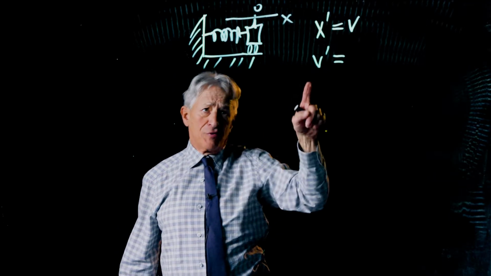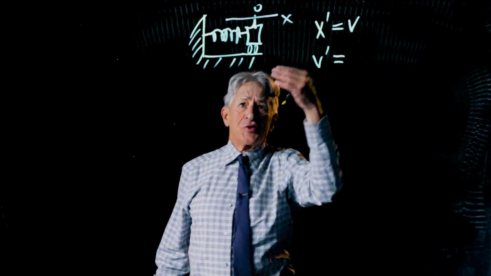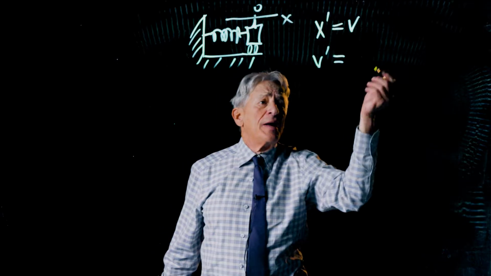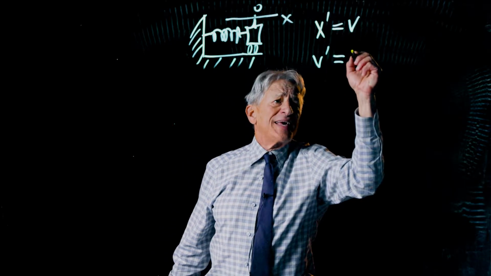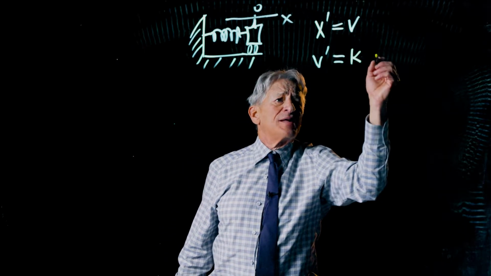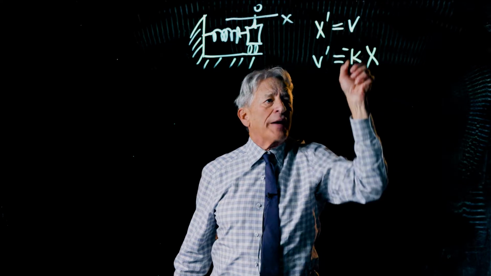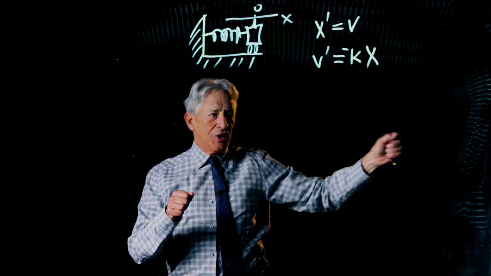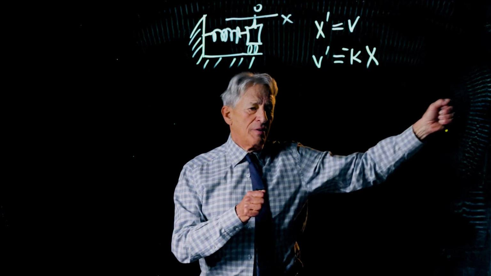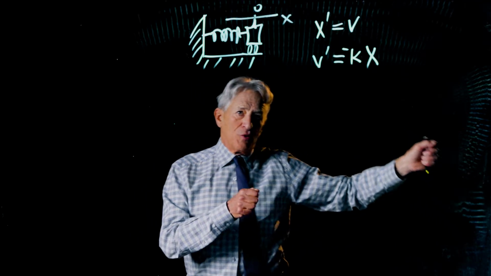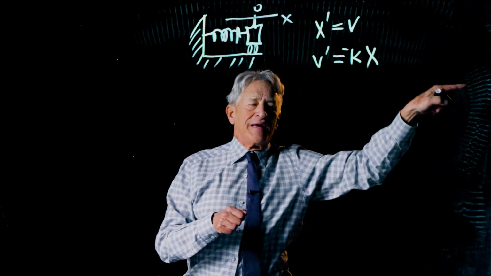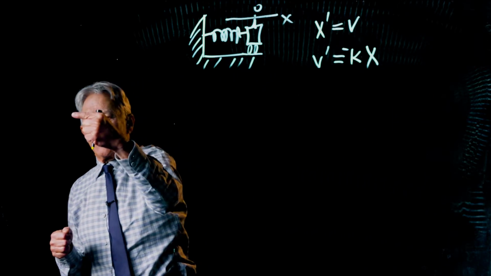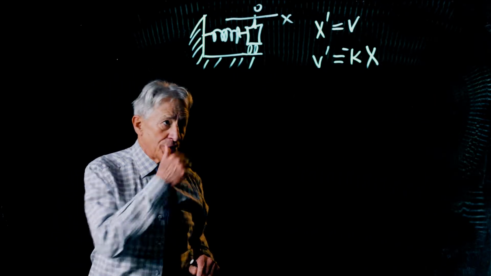Newton's law says acceleration is force. Force is the spring force. And we assumed in this case that it was a very simple linear spring and that the force acted against the displacement, so that if the cart is over here in positive x, the force is pushing it in the negative direction.